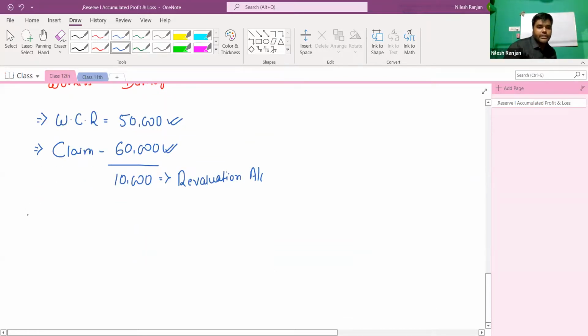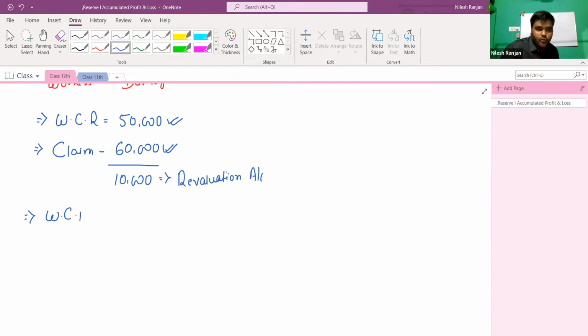What will be the entry? If there is no claim, then we will distribute all the reserve balance between partners. Workmen compensation reserve account debit to partners capital account.